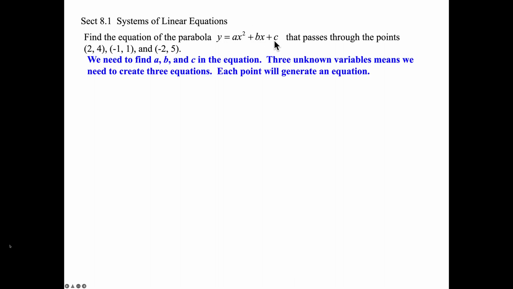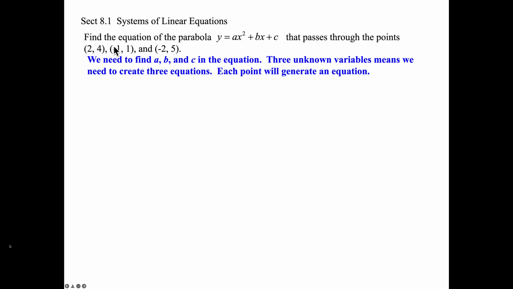And if we're going to put it in this format, the a, the b, and the c are what we're looking to find. So those are going to be my 3 unknown variables. If I have 3 unknown variables, remember what I said in the first video, you have to have 3 equations.